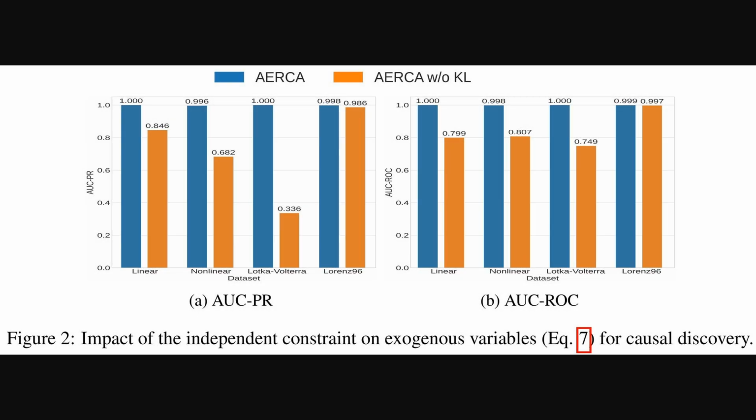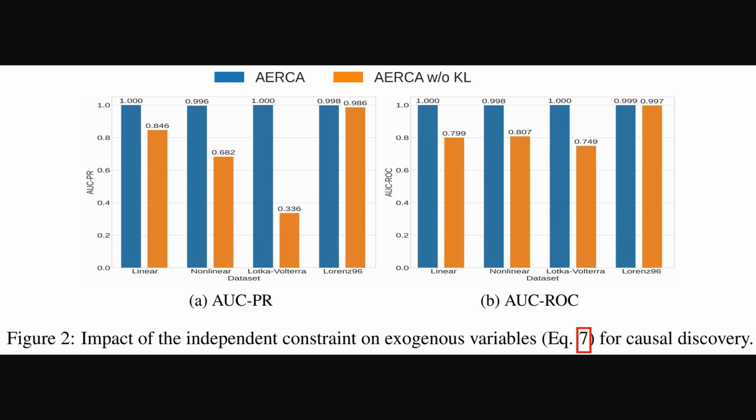Building on that strong performance in Granger causal discovery, Figure 2 here really drills down into why AERCA is so effective. This figure shows an ablation study, where researchers remove a component to see its impact. The blue bars represent the full AERCA model, while the orange bars show AERCA without a crucial independence constraint on those exogenous variables.